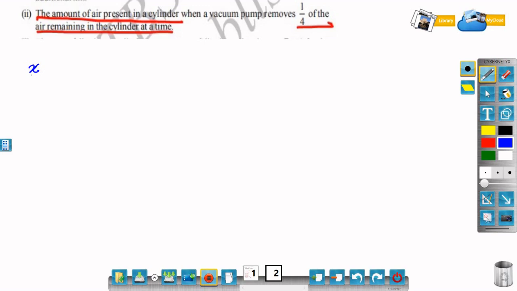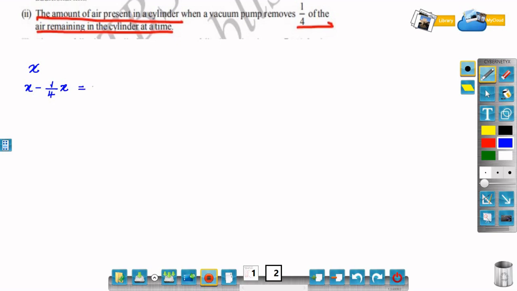At the initial stage it had X. Volume of air present in the cylinder is X. Now 1/4 of the volume of the air, that is X, is removed. Now the remaining air is X minus 1/4 X.